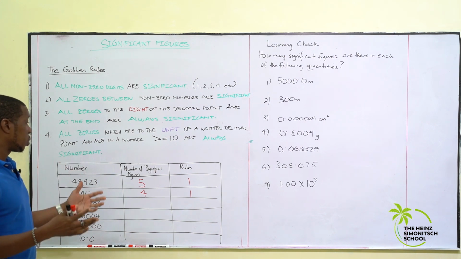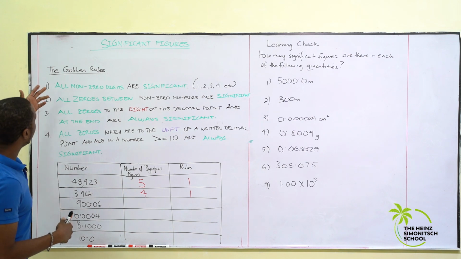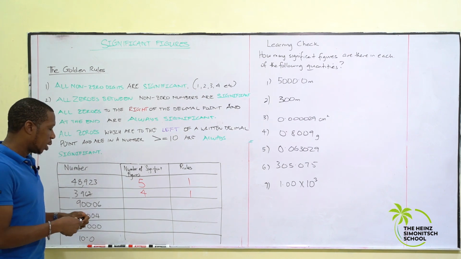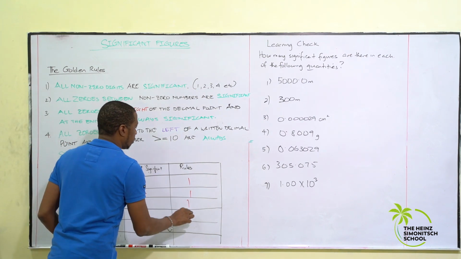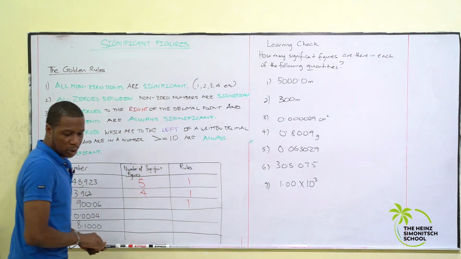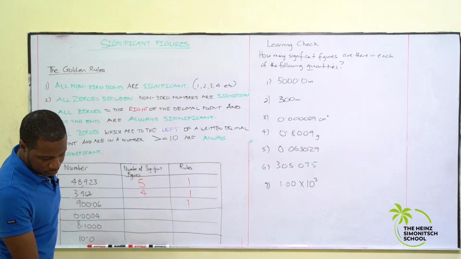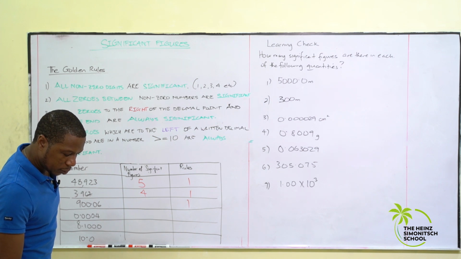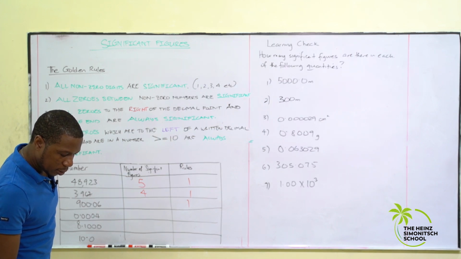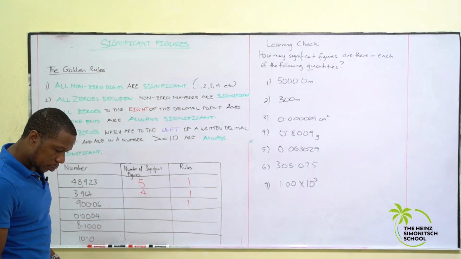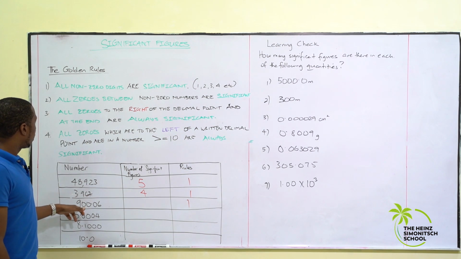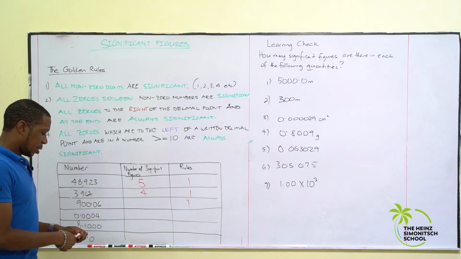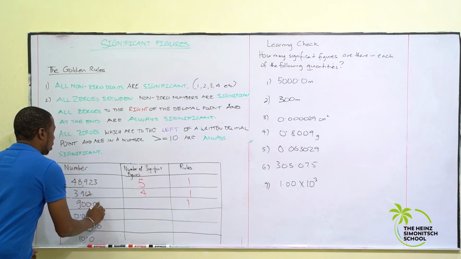So that is 2 significant figures already, because they are governed by rule 1. So here we have 9 and 6 as being significant. You can just indicate those.